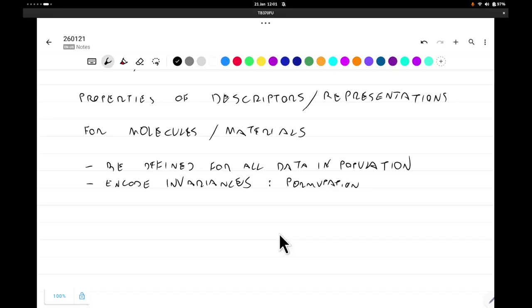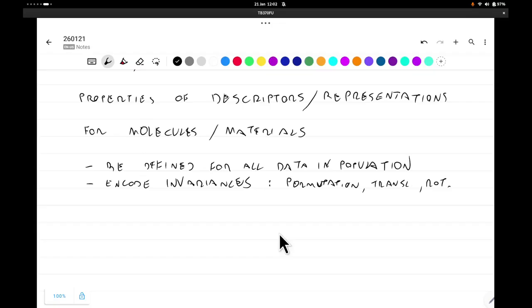So if you say I have atoms 1, 2, 3, 4, the descriptor should not depend on the order I label the atoms, because we know that any property of the system will not depend on this labeling. And then, of course, the obvious translation and rotation, for example. And anything else that we may know.